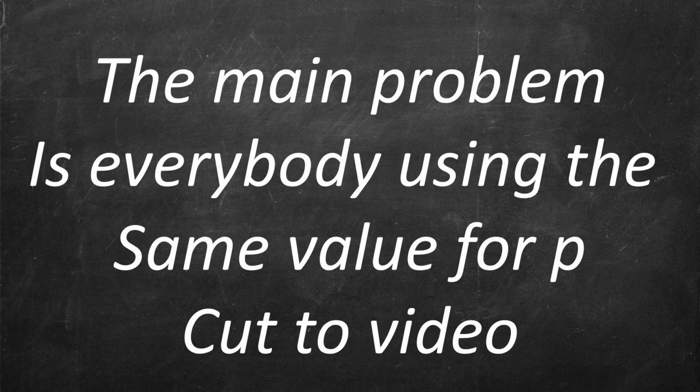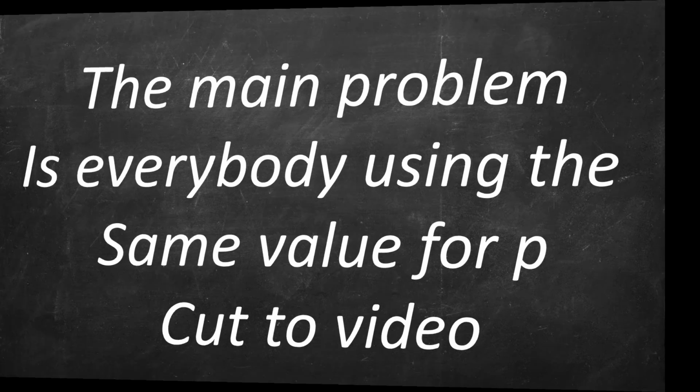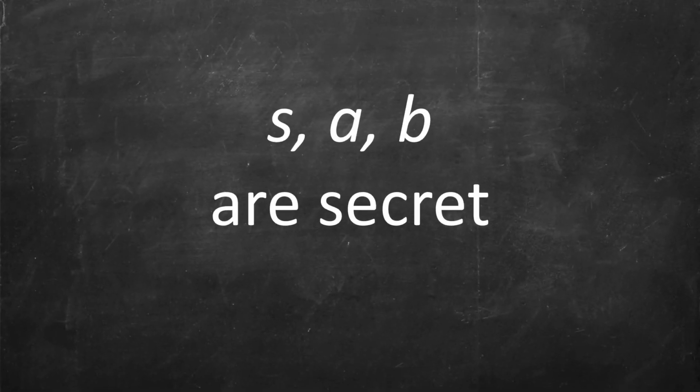And once you've broken P for one value, you've basically broken 2/3 of the world's encryption. And that's not good. Even though, remember, you're keeping S, A, and B a secret. So, how do you keep the Russians from spying on you?